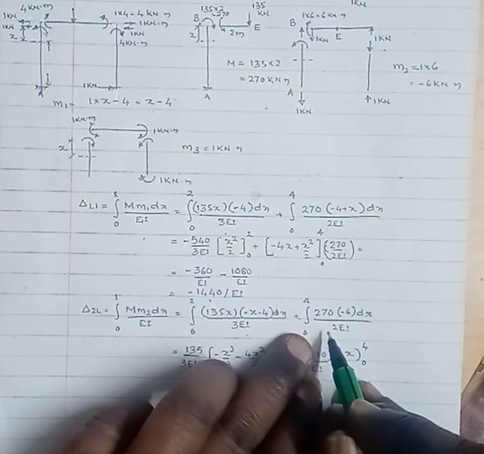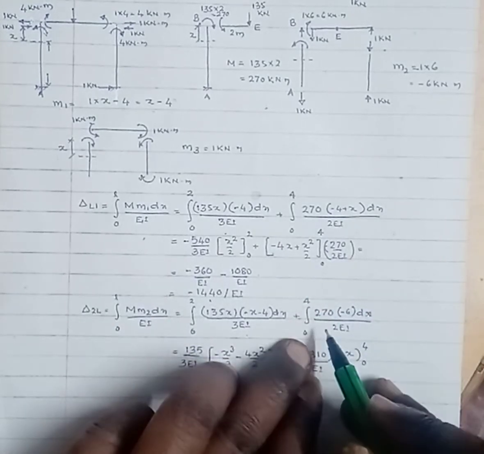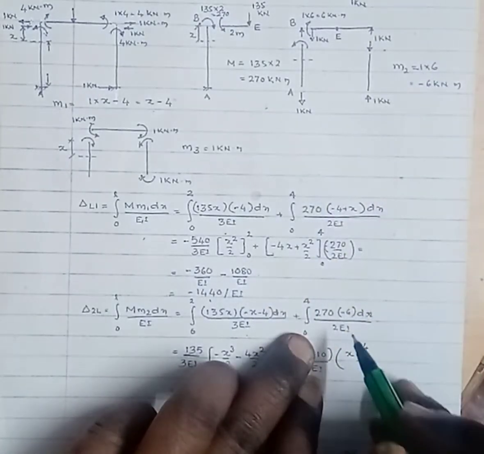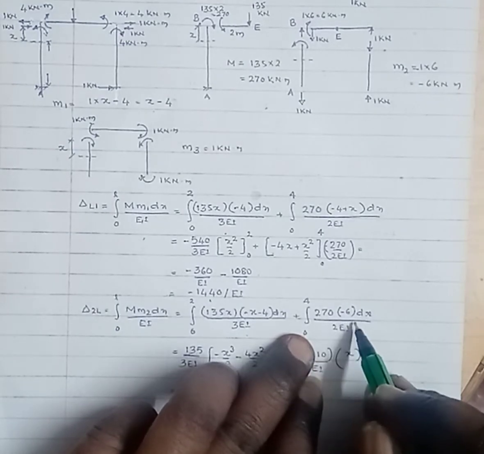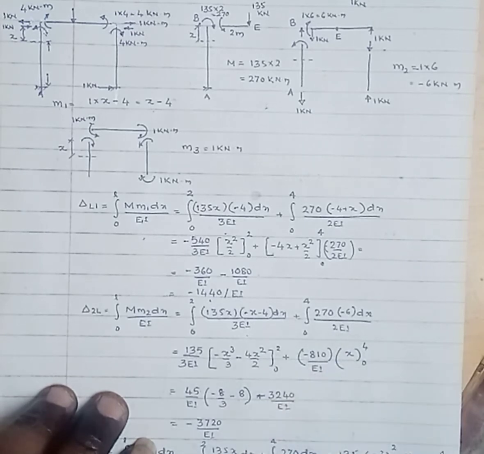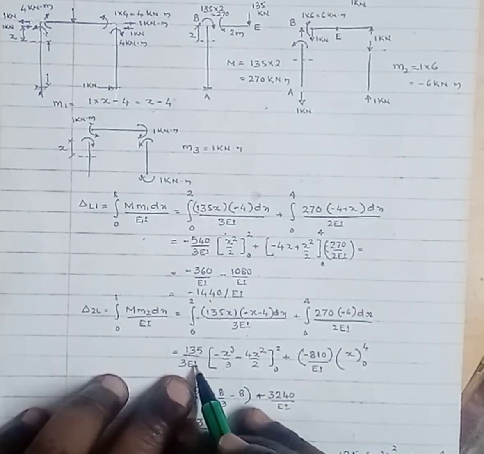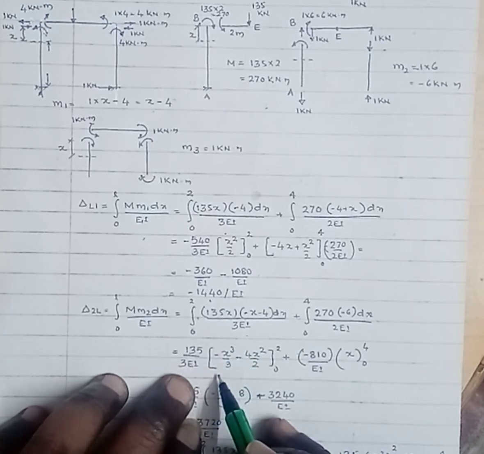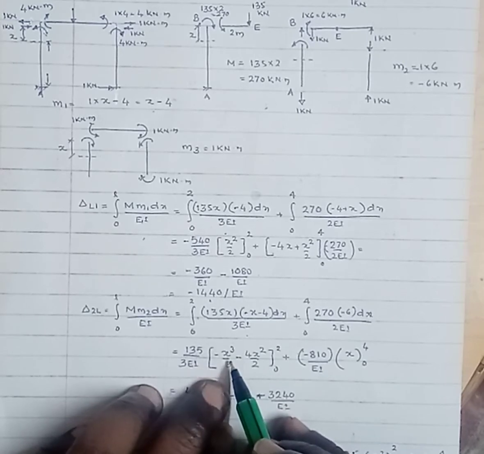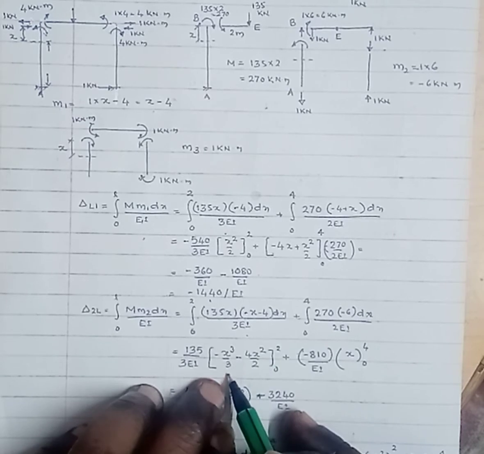Then the last portion, that is B to A, the bending moment due to the applied load, that is 135 into 2, that is 270. The bending moment due to the unit load, that is 1 into 6, that is anticlockwise, hence that is minus 6 dx divided by 2EI within the limits 0 to 4. Then you will get, after simplification, this one is 135 by 3EI is the constant, that is common. Then integration of x into x square, x cube by 3.